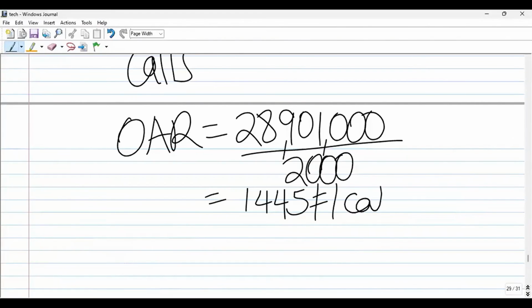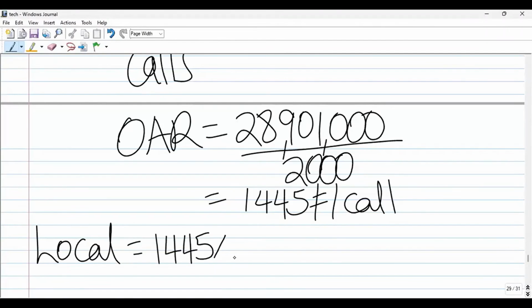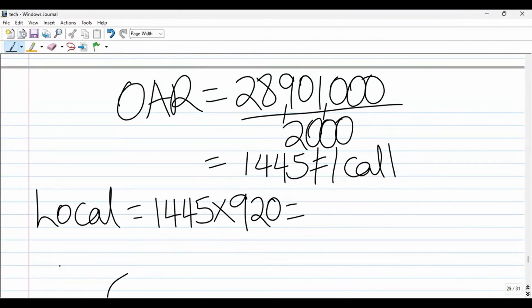Shillings per call. So local: 14,450.5 times the number of local calls, which are 920. Next we have international.